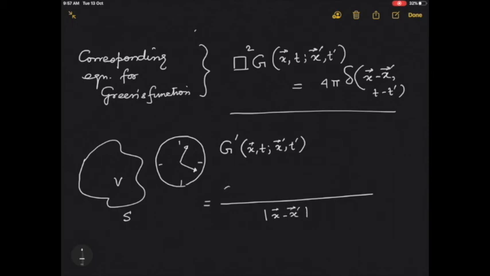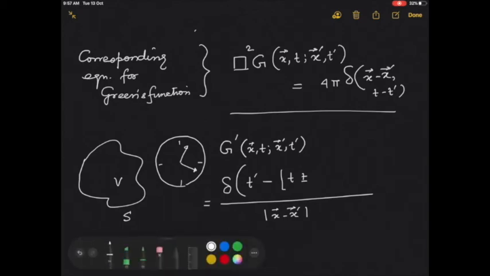It has the classic x minus x prime in the denominator, but the numerator now involves time. So the numerator is a delta function. It's a little complicated delta function. It's t prime minus t plus minus, or rather minus plus.